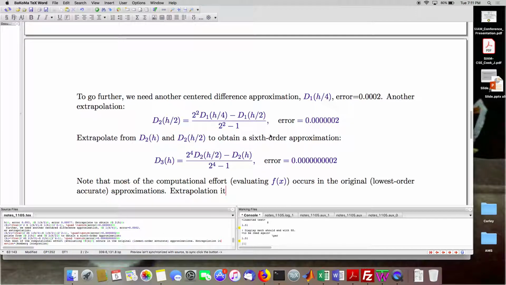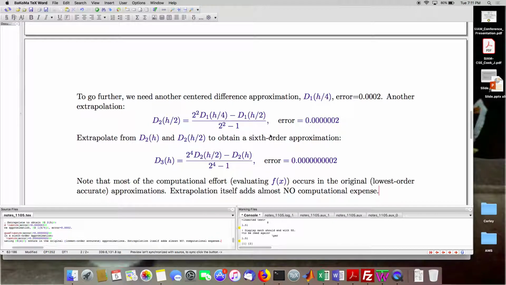Extrapolation itself has almost no computational expense. Yes, there's a little bit, but the thing is, you're not having to evaluate f again. You're just doing a trivial algebraic combination of things you've already computed. So you might as well do it.